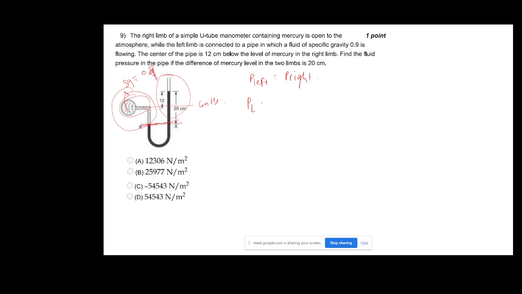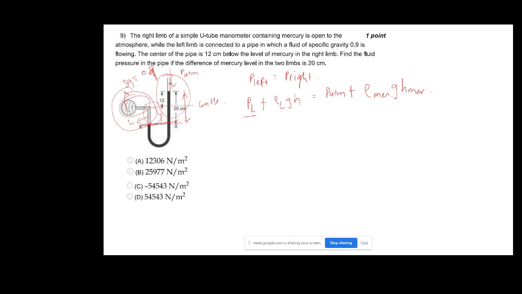Let's say pressure of the liquid plus the liquid having this much height, rho of liquid, g h. And on the right hand side, since it is open to atmosphere, the pressure exerted here is P atmosphere, plus the pressure due to this much height of mercury, rho of mercury, g h of mercury.